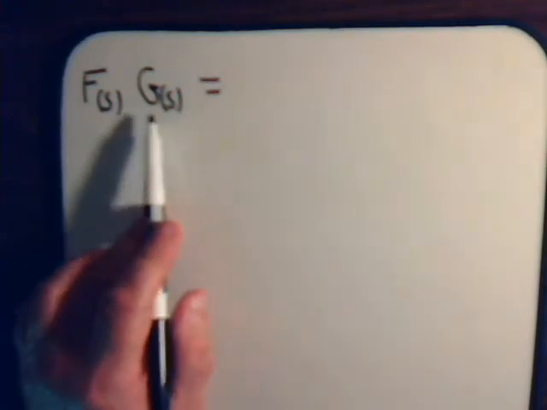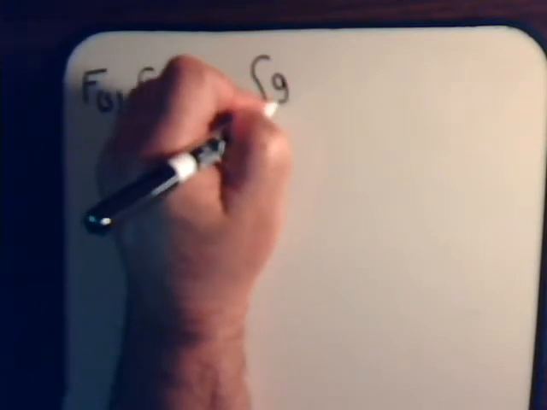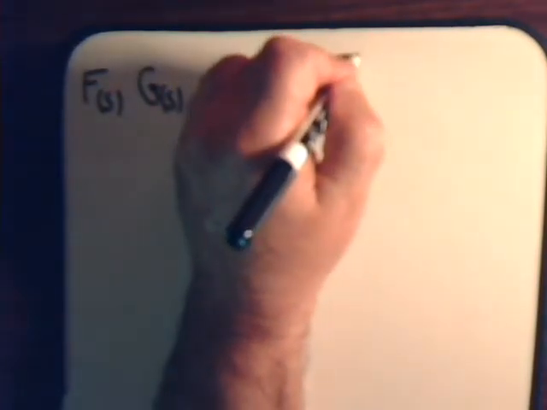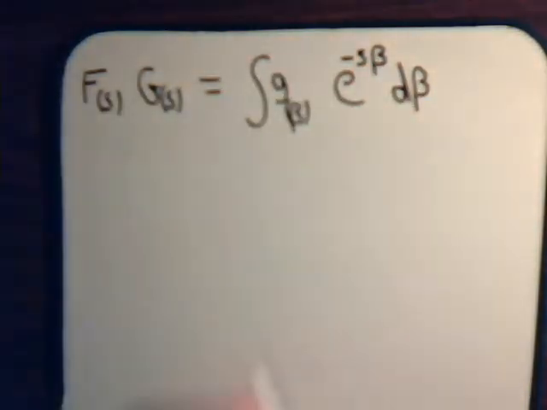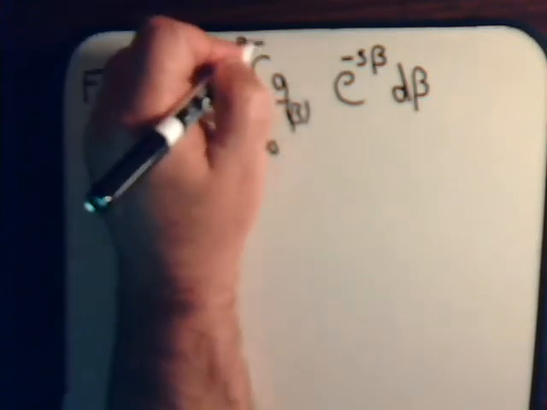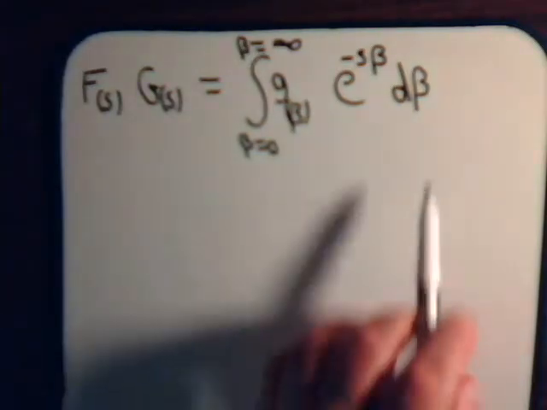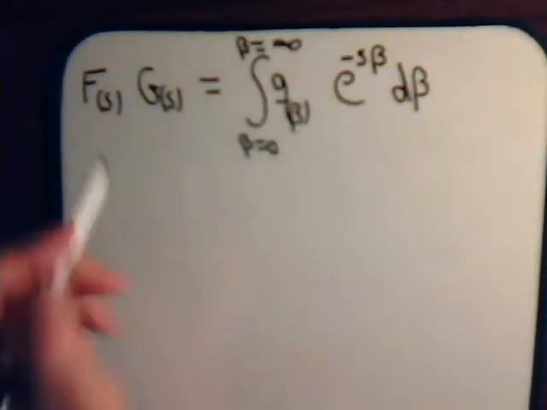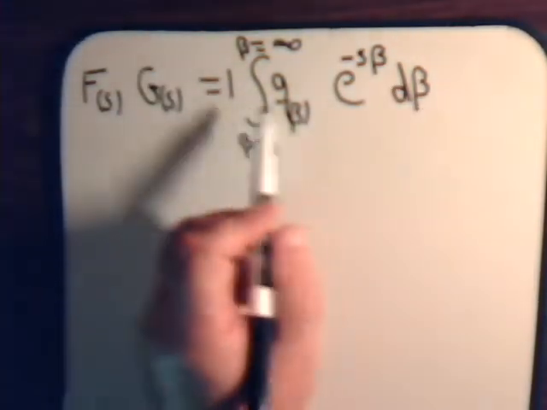Well, G of s, that was the integral of g of beta e to the minus s beta d beta. Beta goes from 0 to infinity. Now this integral is being done with respect to beta. s is being treated just like a constant. So here, F of s times G of s, that's G of s right here.